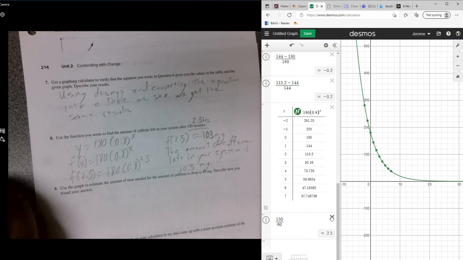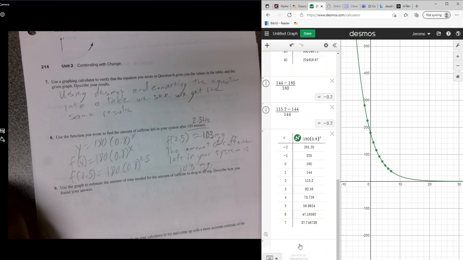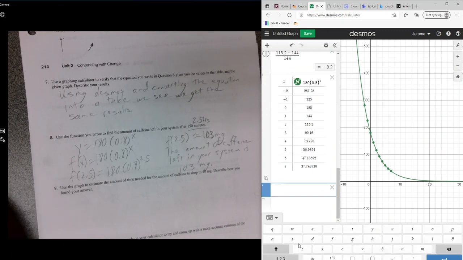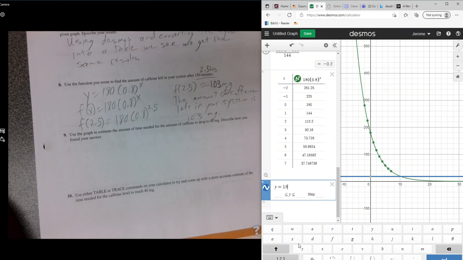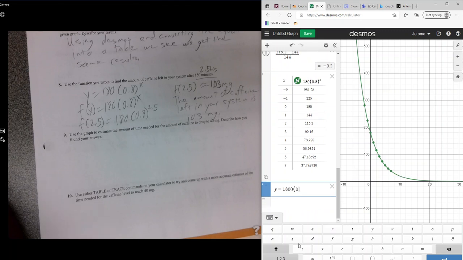So what you could do is just retype the same equation, y equals 180 times 0.8 to the x power. Once you do that, oh, I put 1800. Okay, so it'd be 180.